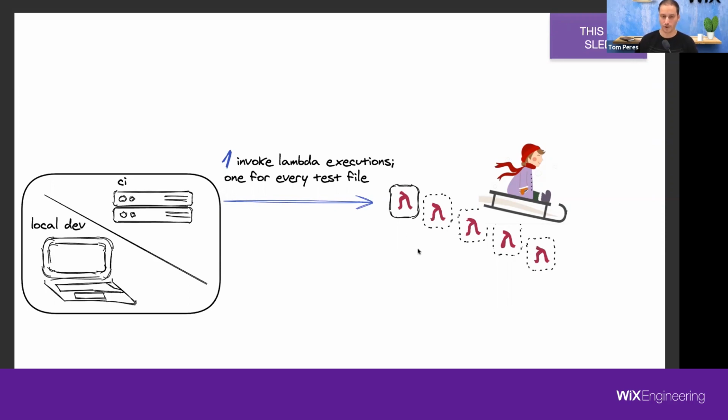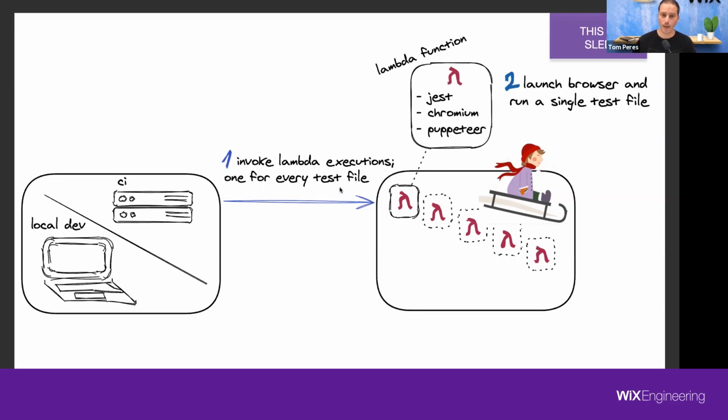Once we did that, we actually accessed the AWS cloud, and we're running the same Lambda 100 times, because we have 100 test files, at the same time. And as you recall, when we talked about all the technologies and tools we're using, every Lambda is pre-configured with Jest.